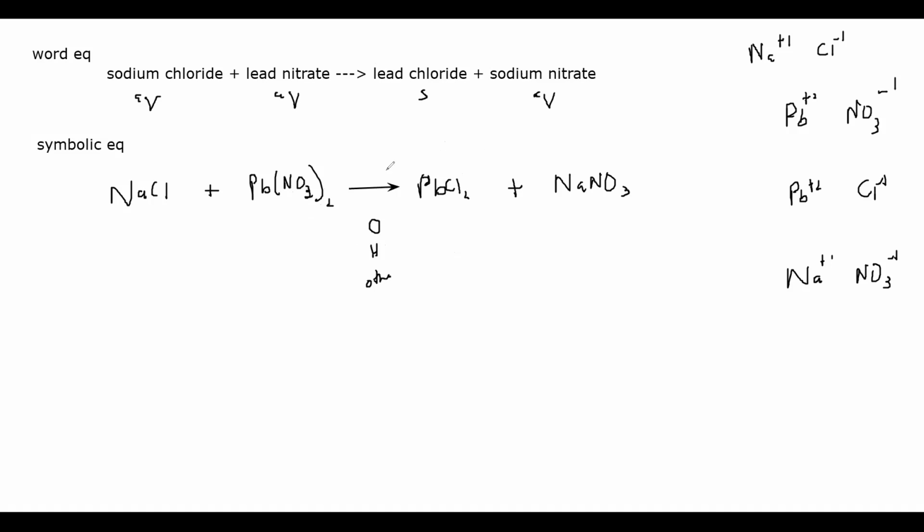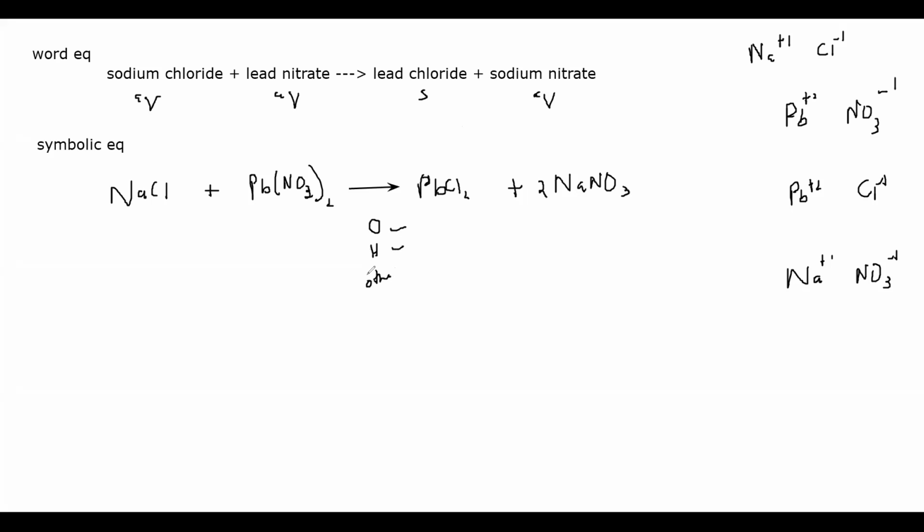We have 6, so we need 6 oxygen on the right as well. Which number should I put here so that it makes 6? So we'll put 2 here. Oxygen is balanced.